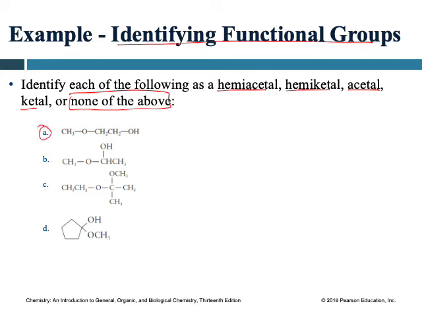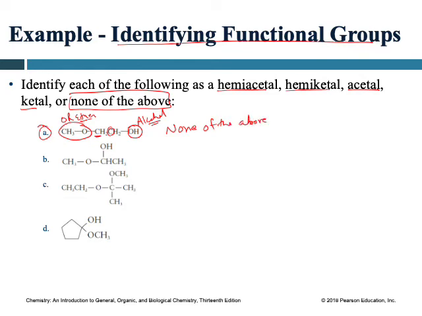We see this OH group, alcoholic group, attached on this carbon, and this OR group, which is an ether group, is present on a different carbon, not on the same carbon that has the OH group. So that means it's not following any of the rules that classify as hemiacetal, hemiketal, acetal or ketal. So the answer is none of the above.